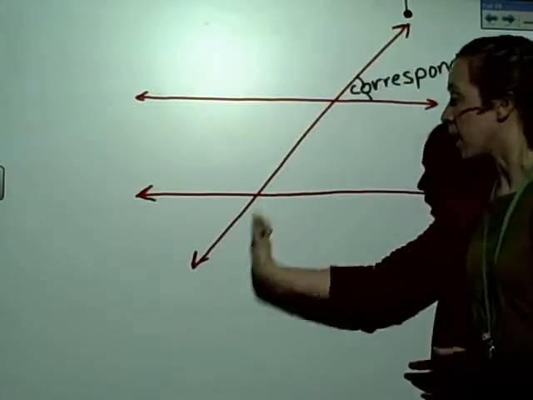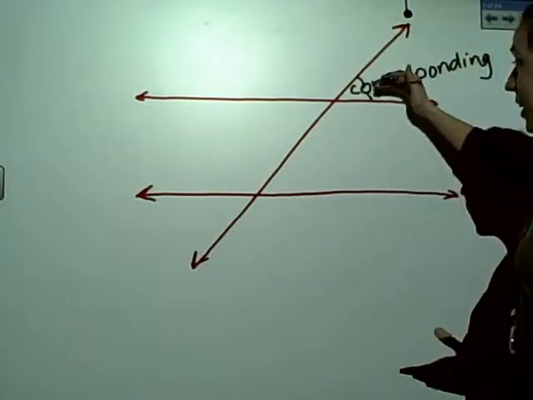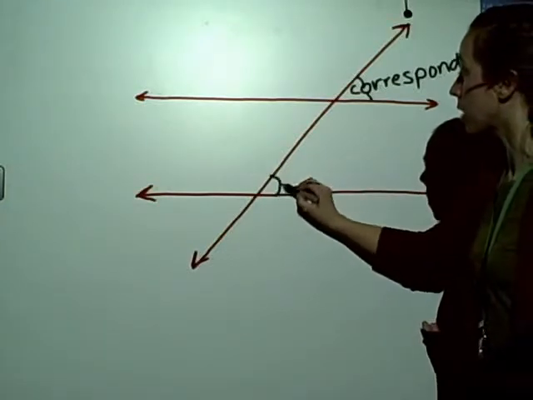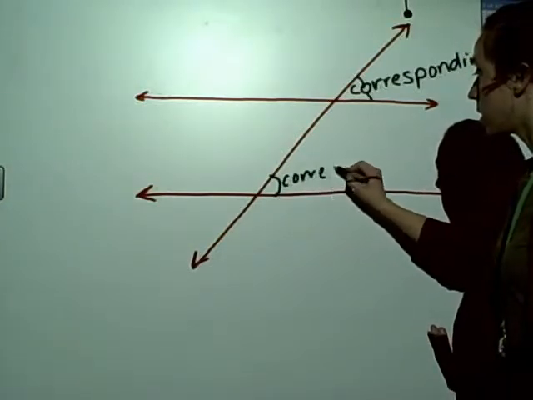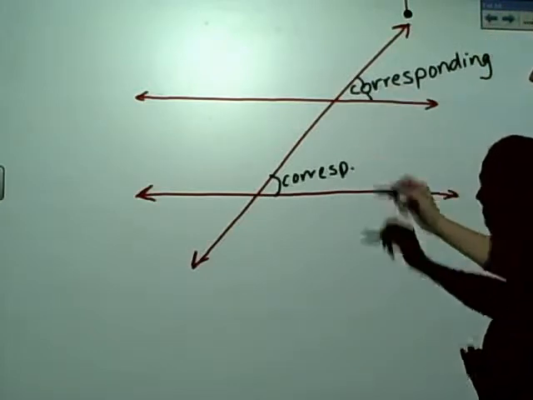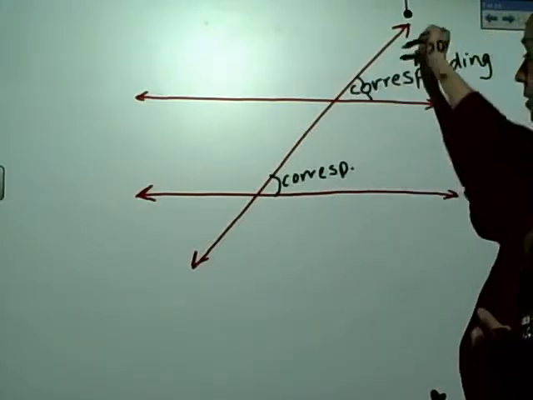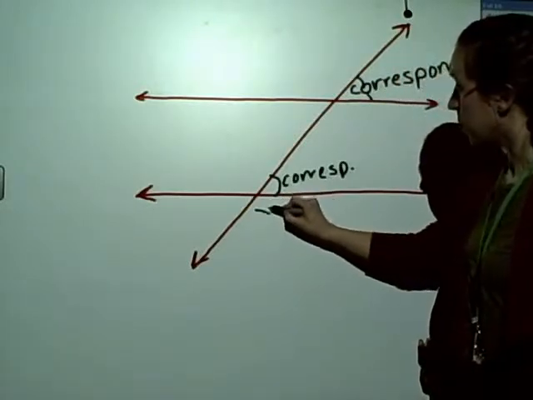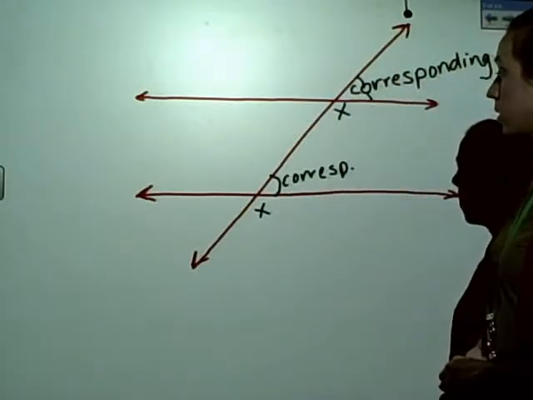It has to be on the same side of the transversal, and it has to look the same. The only angle that looks the same is this one right here. So these two are corresponding angles. Another set could be here and here.